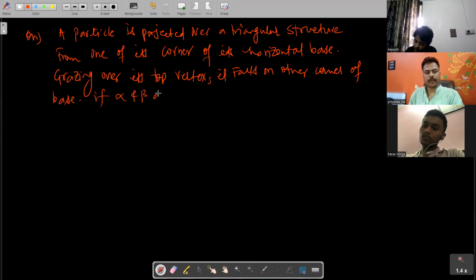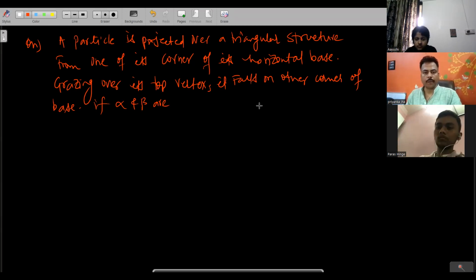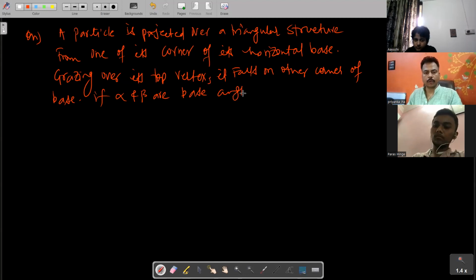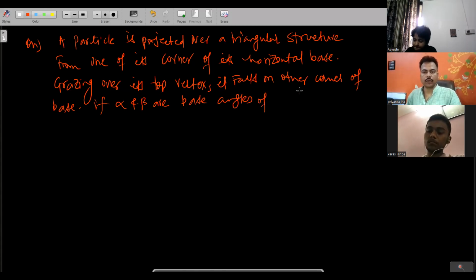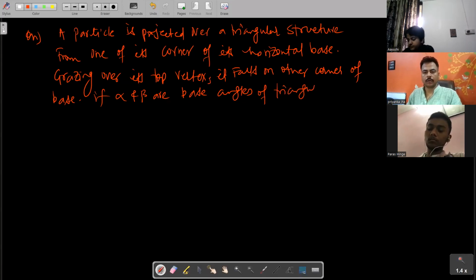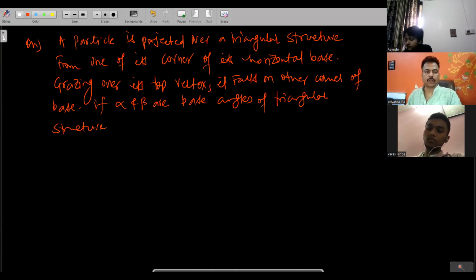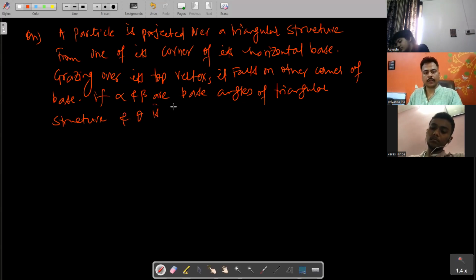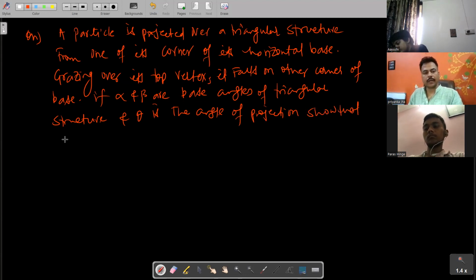If alpha and beta are the base angles of the triangular structure and theta is the angle of projection, show that tan theta equal to tan alpha plus tan beta. Just think about this, how to solve this.